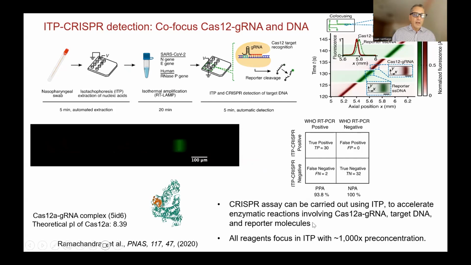Here we're doing a process that we call isotachophoresis, which is an electric field-based method that we use to both purify the nucleic acid and then mix and concentrate the extracted nucleic acid and/or its amplicons with the CRISPR kinetics to control the CRISPR assay.